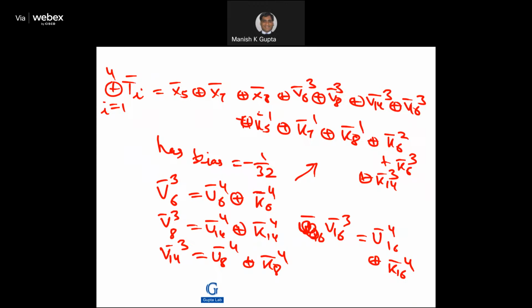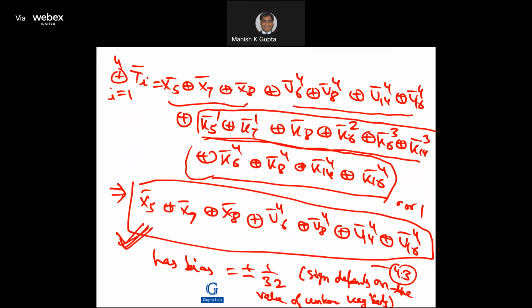Okay, and we just saw. So still, you see, there are. You remember, U6 is the input and V6 is the output. We can further simplify the whole thing. And we know that this has bias minus 1 by 32, which we just computed using the piling-up lemma. So we can again substitute these values, and we simplify here further.